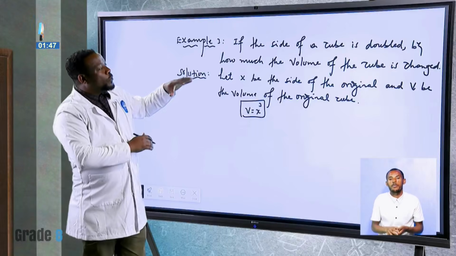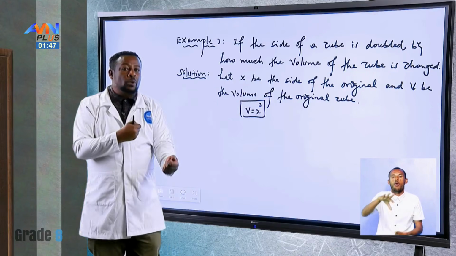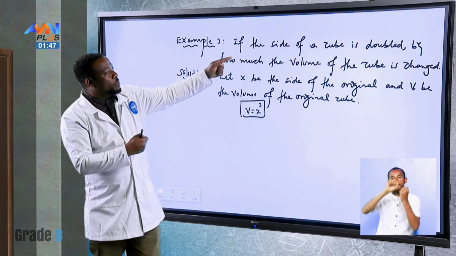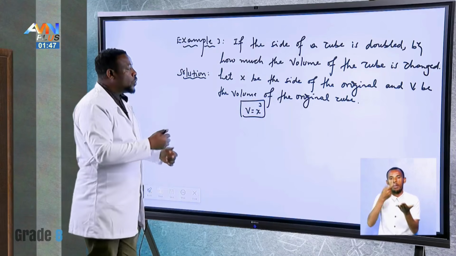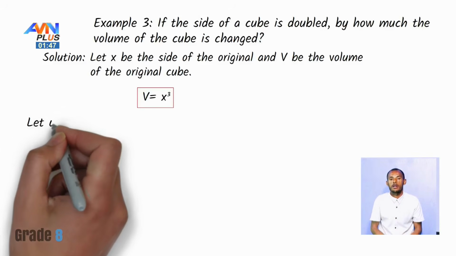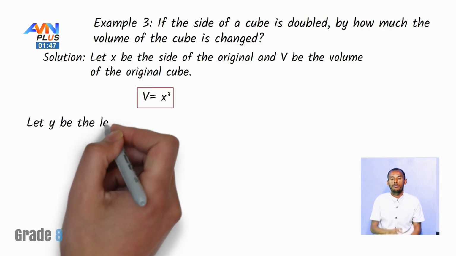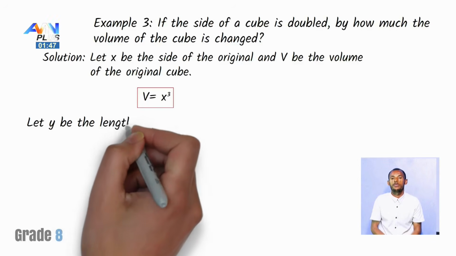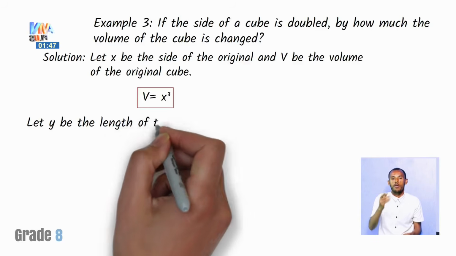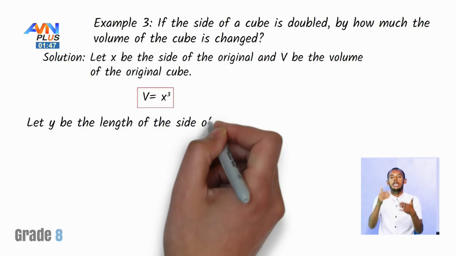Now we are going to calculate the newly obtained cube based on the information that we have here. So let y be the length of the side of the new cube.